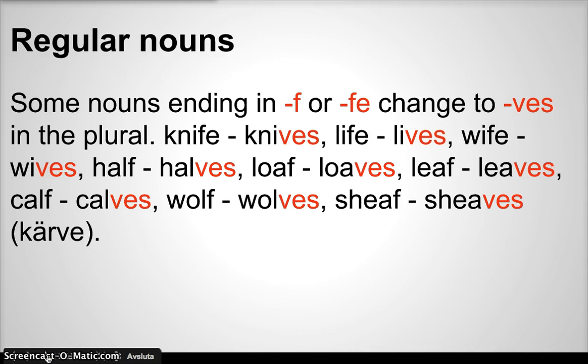And then we have, finally, sheaf, and the spelling changes to sheaves, VES again. And a sheaf is, in Swedish, kärve. It's the thing that you can put out for the birds in the winter time. You know, you can always see them in older stories. They have their straws with seeds at the top.